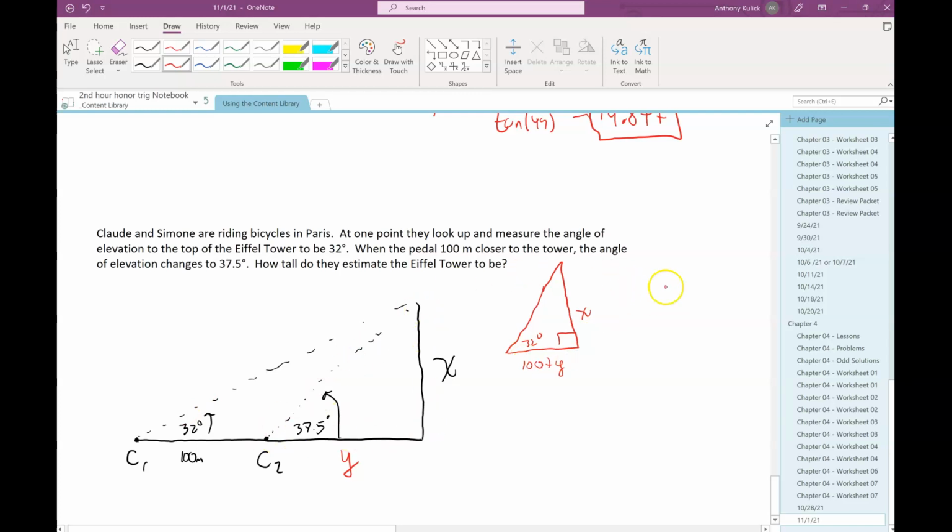And then this other triangle has side y and x.